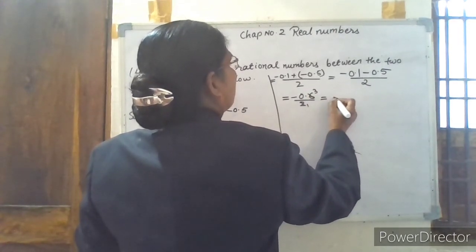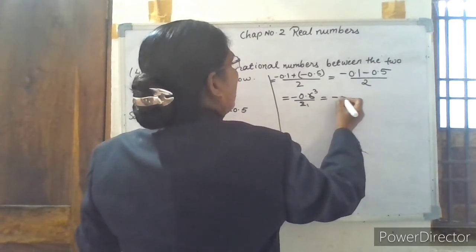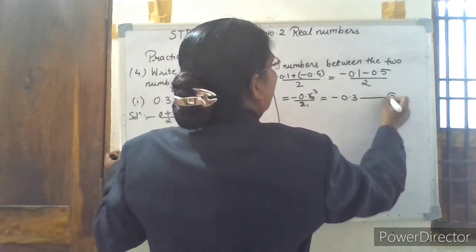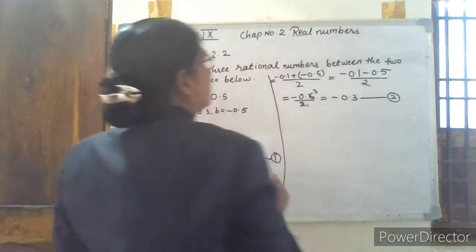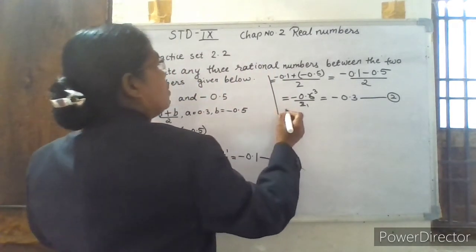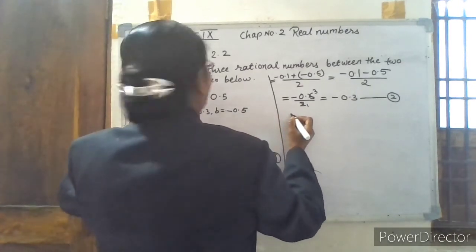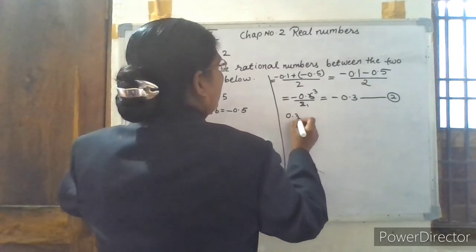So it is equal to minus 0.3. This is the second rational number. So the numbers are now, first of all, first number is 0.3.